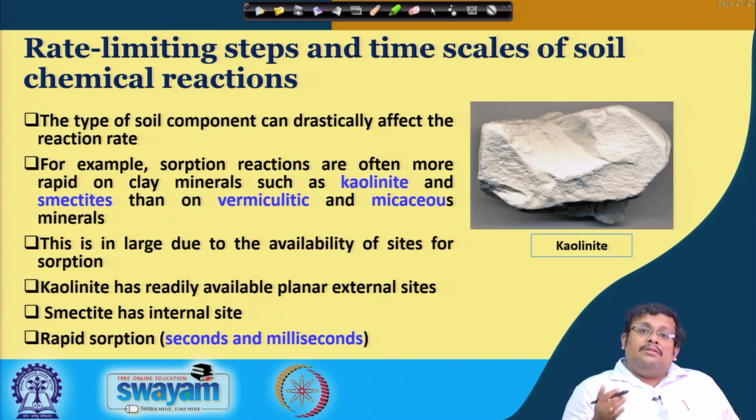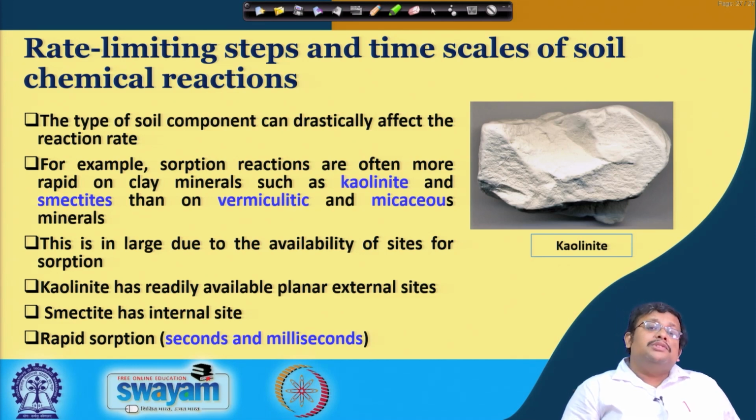Now, you might be wondering where the sorption sites are for kaolinite. Although kaolinite does not have any internal site for adsorption, it has readily available planar external sites. As a result, they can adsorb different types of compounds or ions.